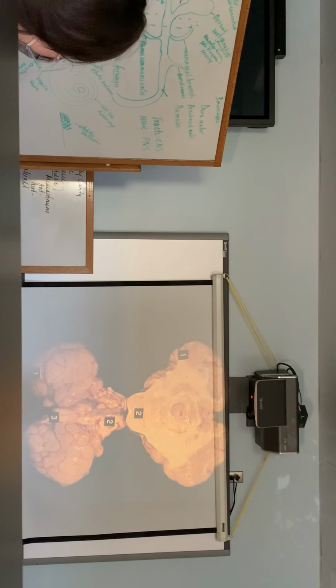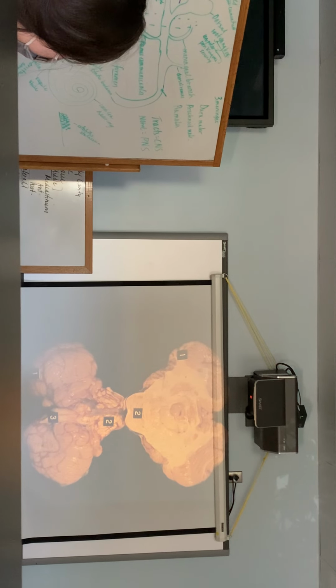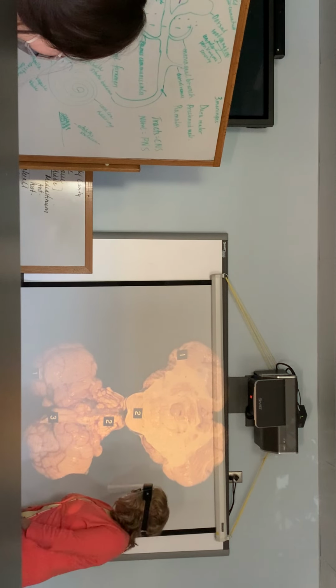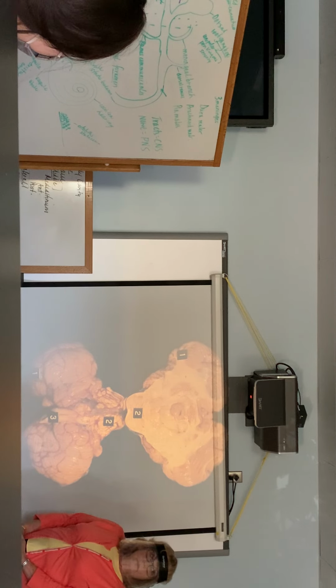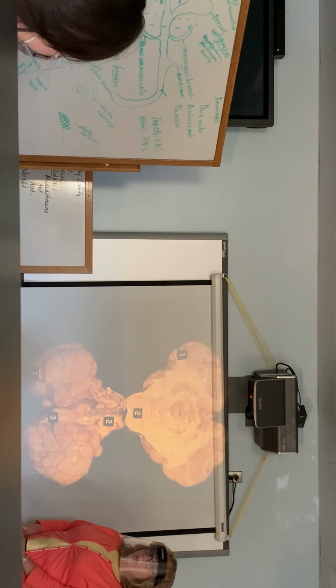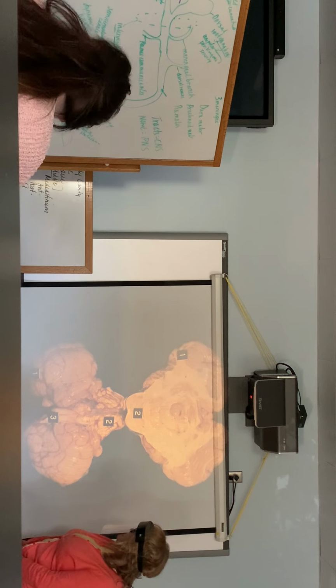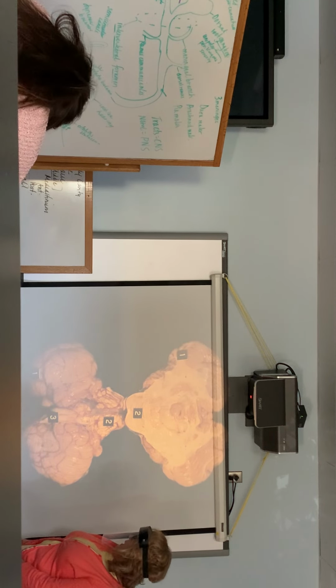Oh, okay, let me go back to the center. What is just medial to number 2? The what? Yeah, that. Well, is this actually an artery? It's along the base of the brain. The basilar. And what branched into it?